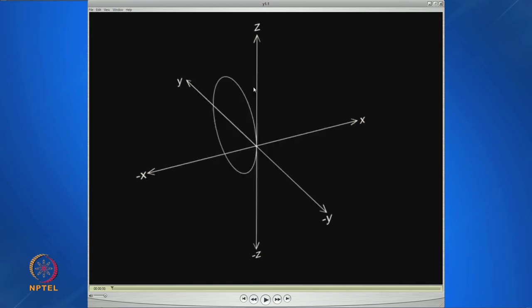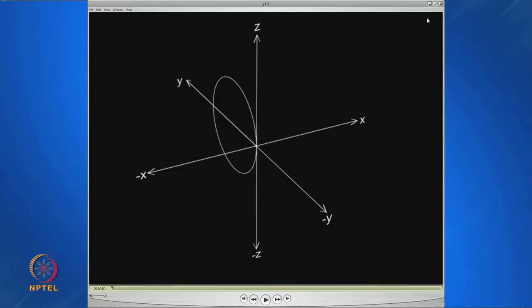Okay. So, we start with the y axis because sin theta sin phi, you plot on sin phi maximum, which is along the y axis, and then you will see that sin phi is positive between phi equal to 0 and 180. 0 and 180, as you see it, is between the x and minus x axis, and from 180 to 360 sin phi is negative, it is along the other side, namely minus x to the plus x axis along the minus y, and therefore, you see the natural plot that you see here.